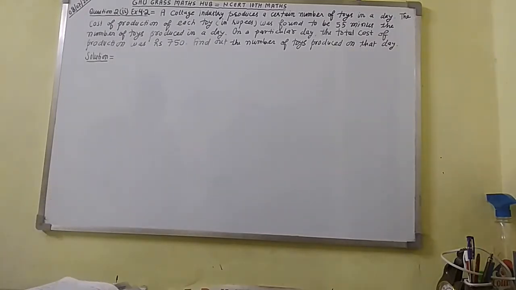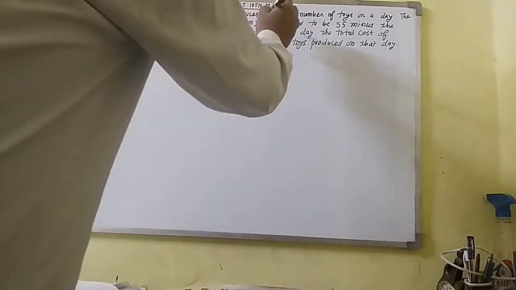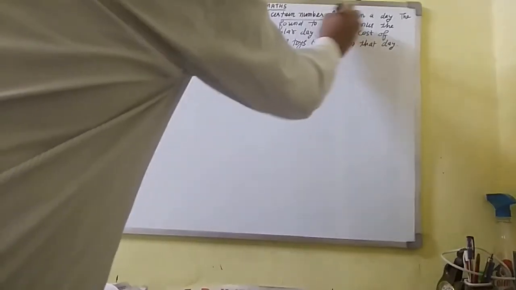This is a word problem. What you have to do in this case is underline the key points with the help of a pencil. Now I am going to underline the key points. Produces a number of toys in a day.